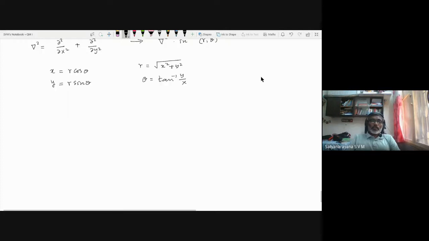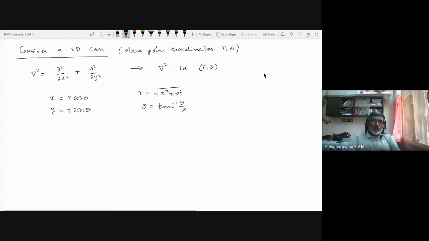So I have to go from a Cartesian expression of del square to the plane polar coordinate expression of del square. That means every one of this del by del x, del by del y, I have to get in terms of r and theta.